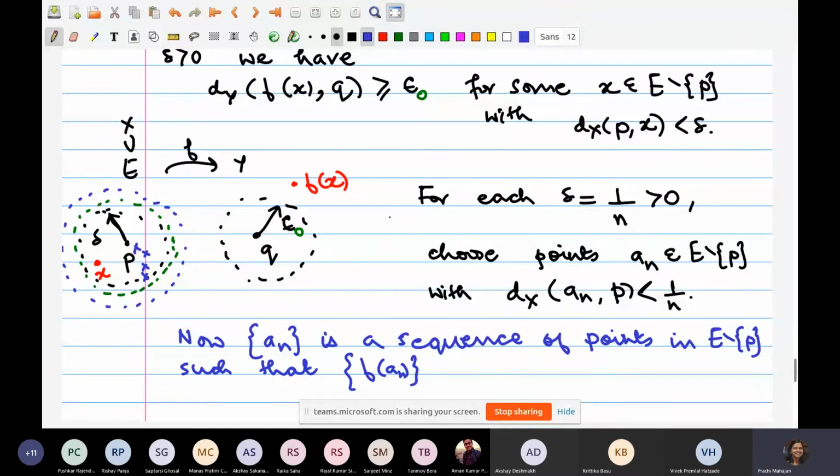The sequence f of an lies outside, all these f of an are outside this epsilon naught neighborhood of the point Q by construction.